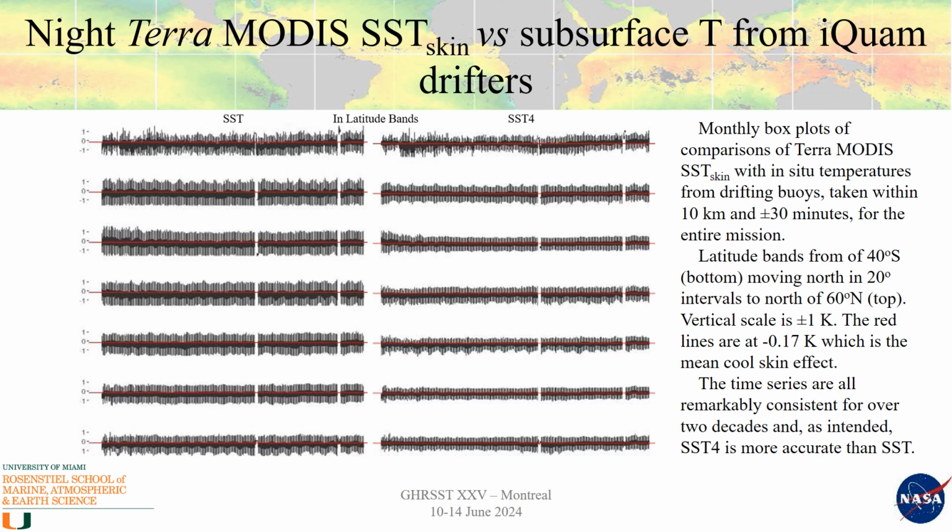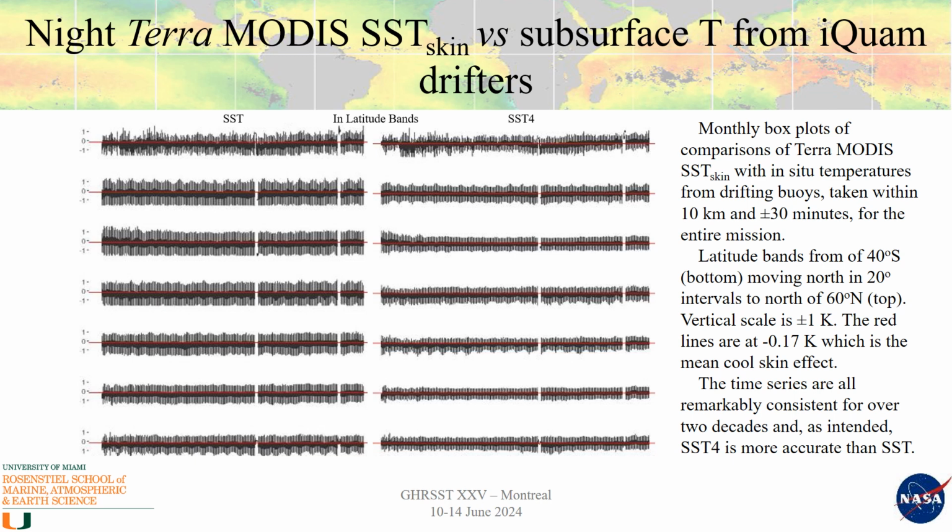The red line is the average difference between a skin temperature and a subsurface temperature at the depth of the buoy measurements of minus 0.17 Kelvin.